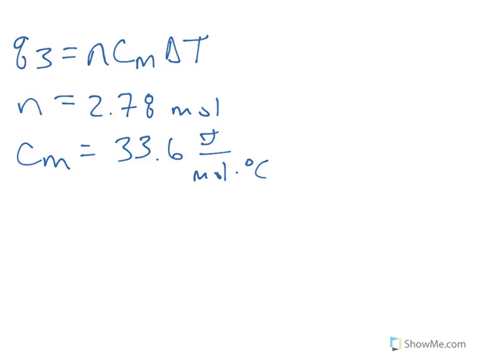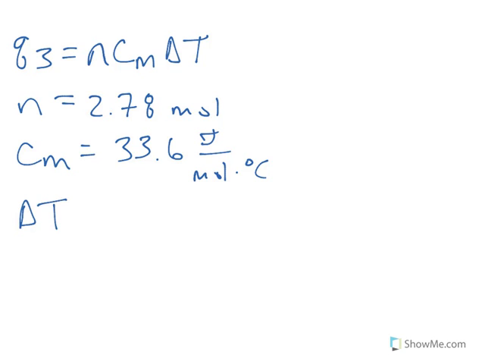Why can liquid water absorb more heat than water vapor? Well, I think it has to do with intermolecular forces. The liquid water is much more tightly bound together, so when it's more tightly bound together, there's more of it to absorb the heat. That's my reasoning there.